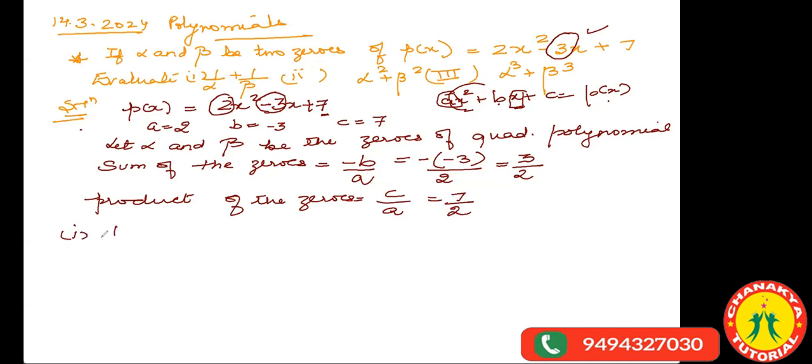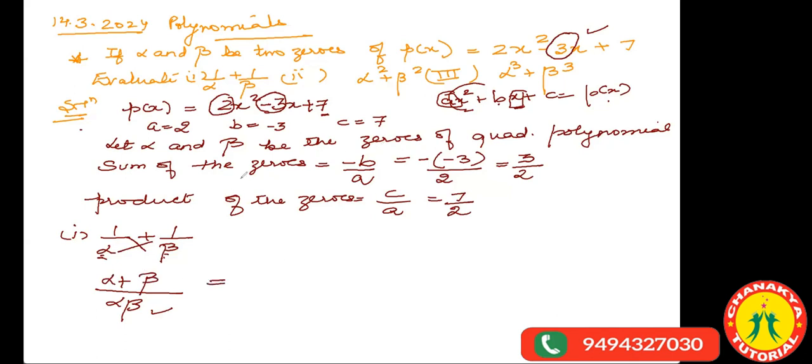Now you have to find first part. Come to this first part, 1 upon alpha plus 1 upon beta. Right. So you can take LCM, children, for solving this. When denominators are different, to take LCM, just multiply them. So alpha multiply beta will be alpha beta. Then in numerator you will get alpha plus beta.